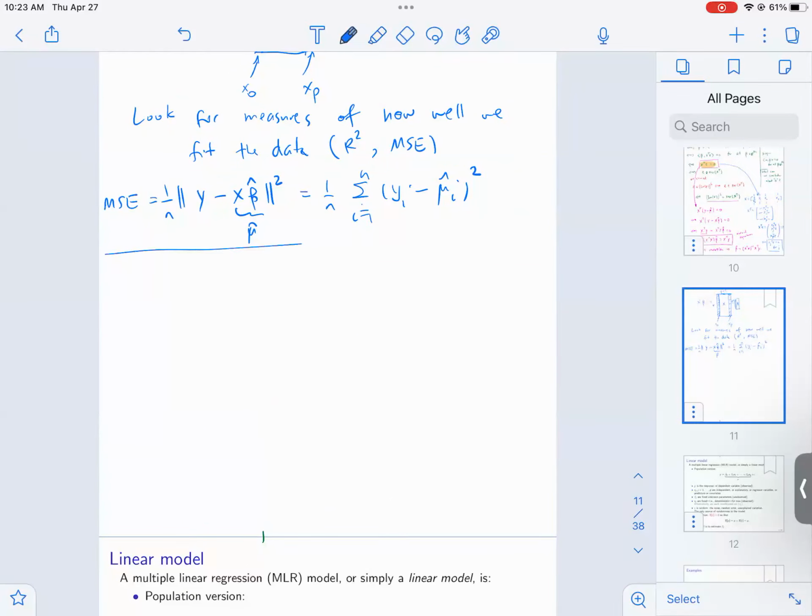Say the topic is quantifying uncertainty, or variability, in the estimates. Let's say beta hat, for example.